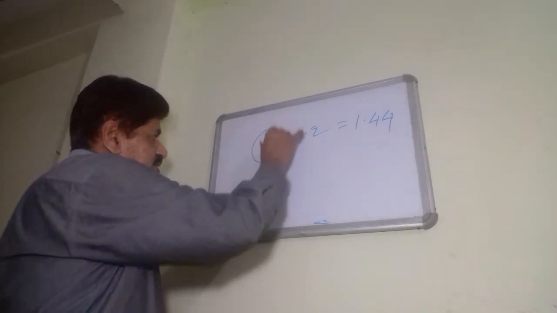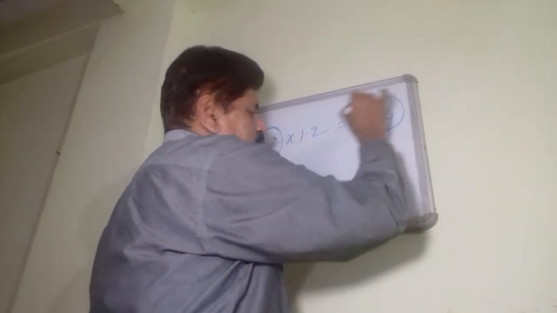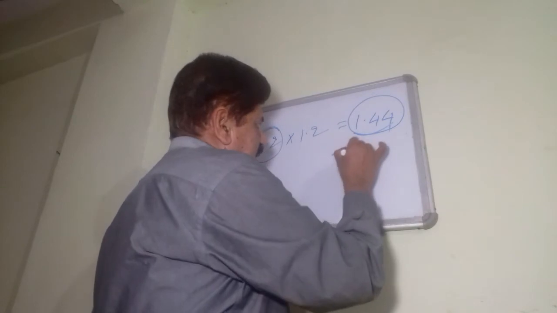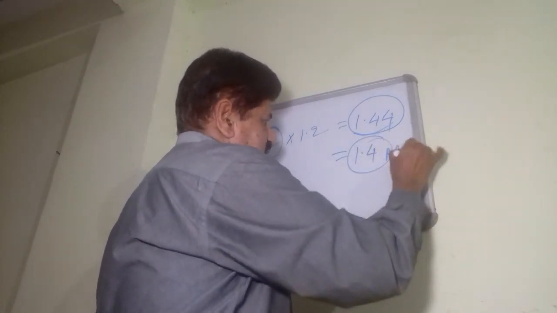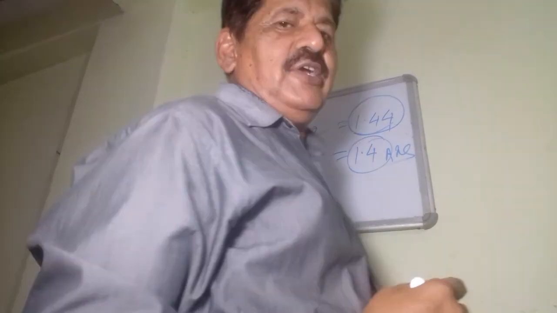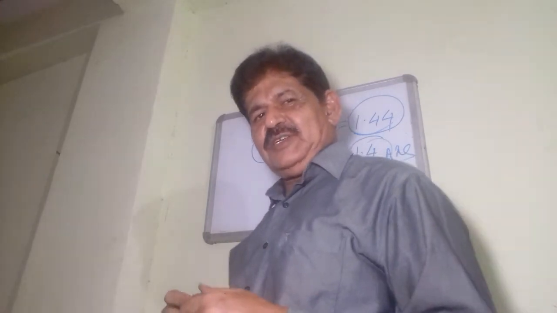So the minimum number of significant figures in the original numbers is 2. So your answer should have the minimum number of significant figures, 1.4. This is the answer according to the mathematical operation of significant figures.